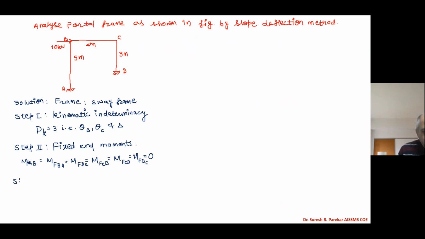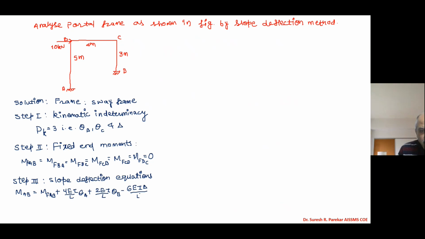Then we have step 3, slope deflection equations. So we have first MAB equal to MFAB plus 4EI upon L theta A plus 2EI upon L theta B minus 6EI delta upon L square.